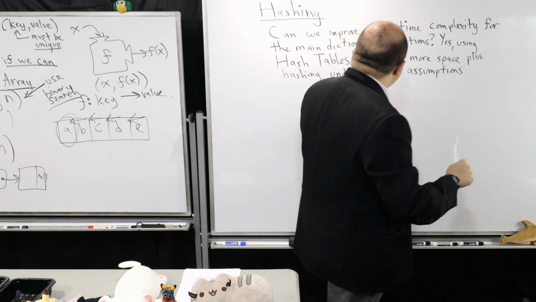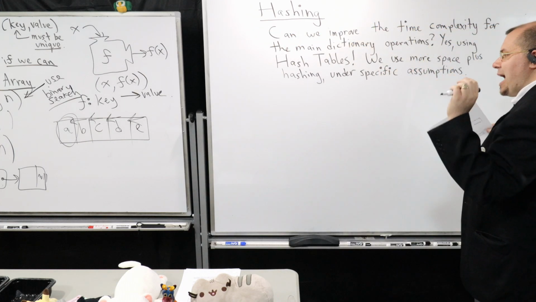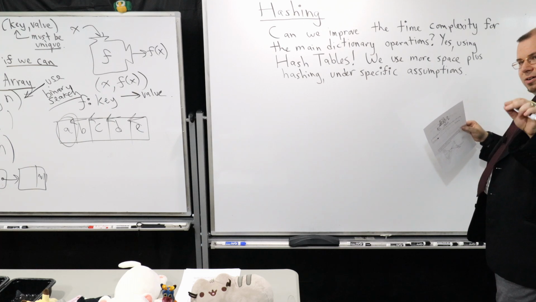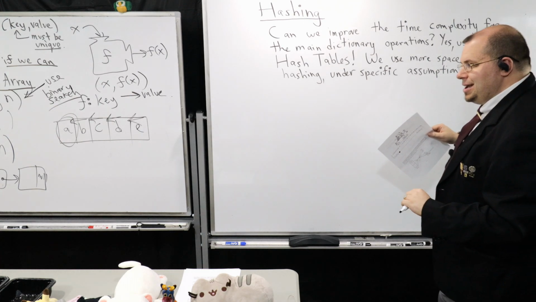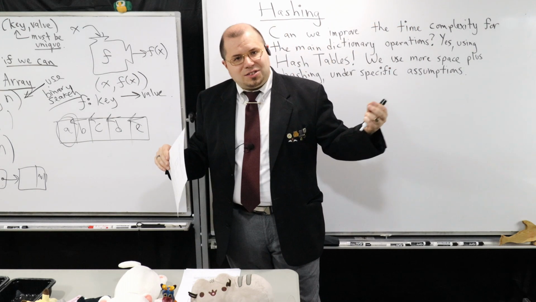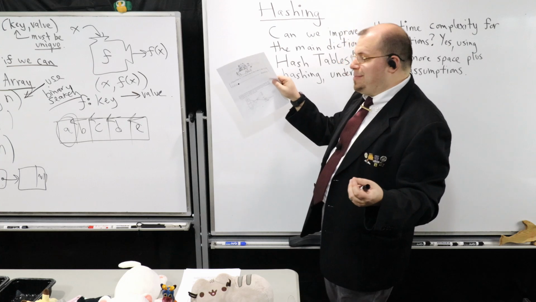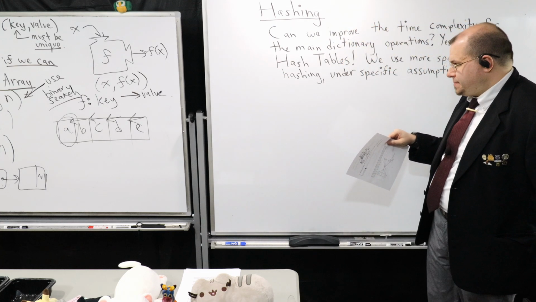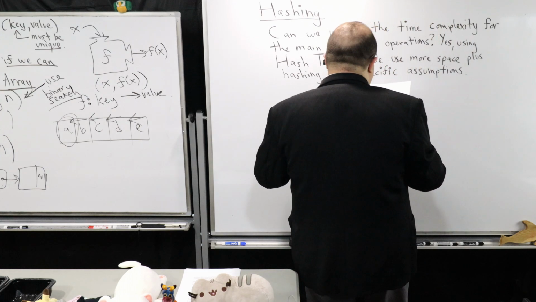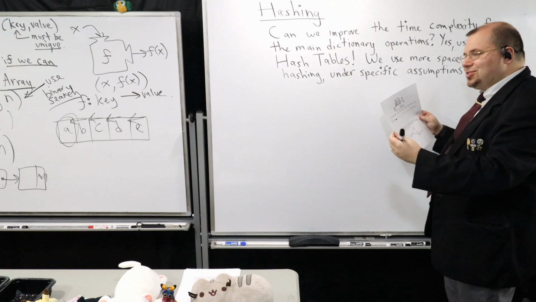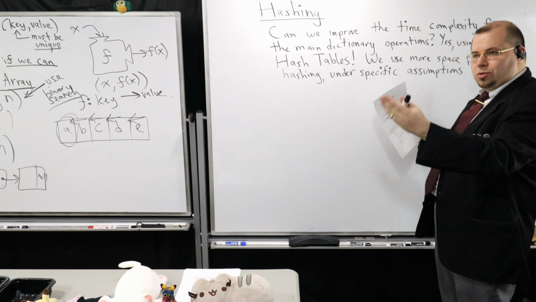So we're going to use more space and this idea of hashing to construct things we call hash tables under very specific circumstances. I'm going to give you some assumptions to allow this to work, and I must stress that I don't have to make any assumptions about the keys being sorted. So this is a little bit more general. This is best compared against if I gave you an unsorted array and an unsorted or sorted linked list.